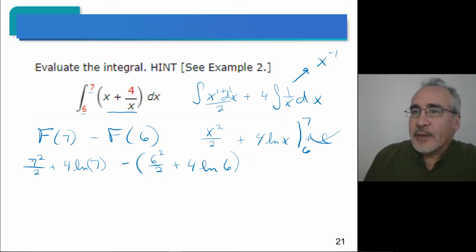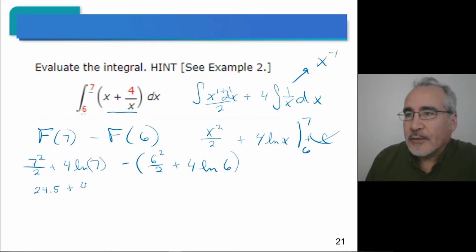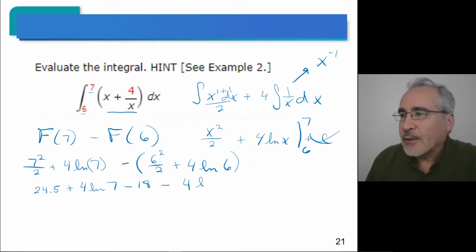And now we just go through the arithmetic. 7 squared is 49. 49 over 2 is going to be 24.5 plus 4 natural log of 7. We're going to subtract 36. 6 squared is 36. 36 divided by 2 is 18. So minus 18, and this minus distributes on through, minus 4 natural log of 6.